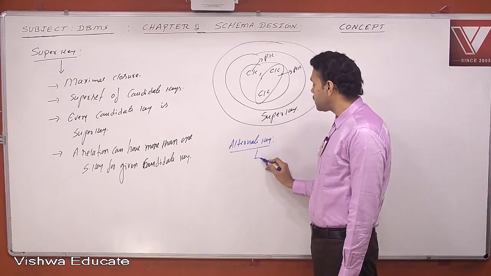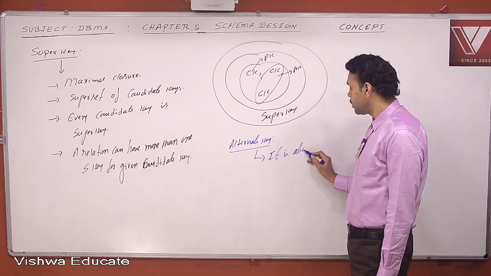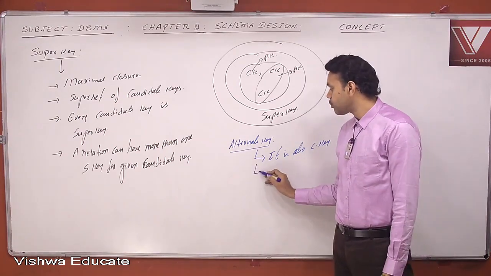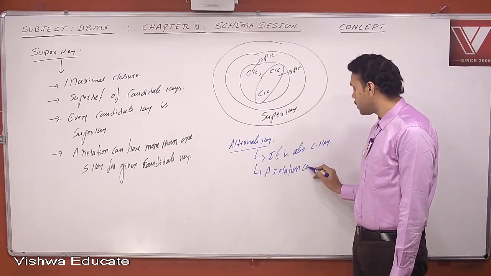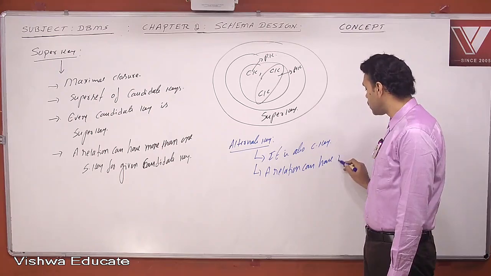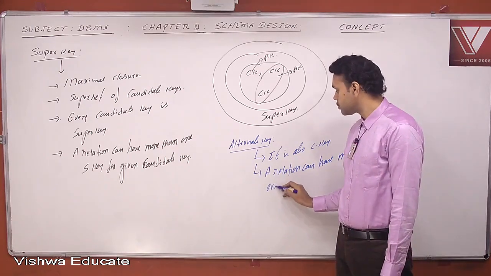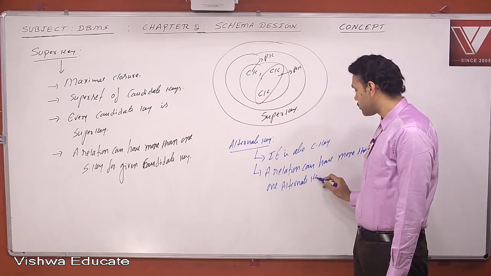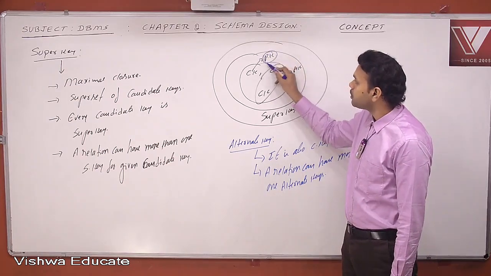Alternate key is nothing but it is also a candidate key only. A relation can have more than one alternate key, but a relation can have only how many primary keys?